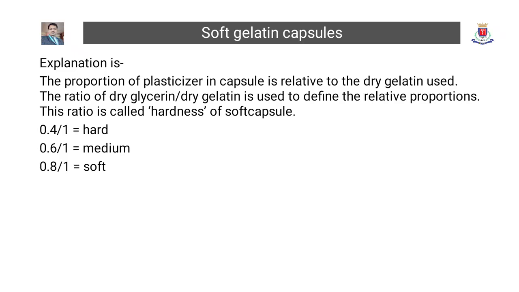If this ratio is 0.4 to 1, then it is hard, 0.6 to 1, then it is medium, and 0.8 to 1, it is soft. So, when the proportion of glycerin is increased, the hardness decreases, or we can call it a soft capsule.